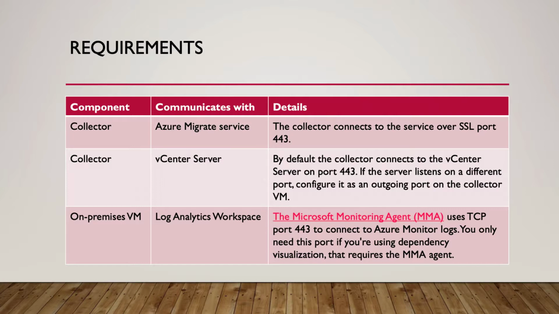And if the server listens on a different port, configure it and make sure it is an outgoing port on the collector VM. And then you have your on-premises VMs, which communicate with the Log Analytics workspace. The Microsoft Monitoring Agent, MMA, uses TCP port 443 to connect to Azure Monitor Logs. You only need this port if you're using dependency visualization that requires the MMA agent; otherwise there is no need for this port.